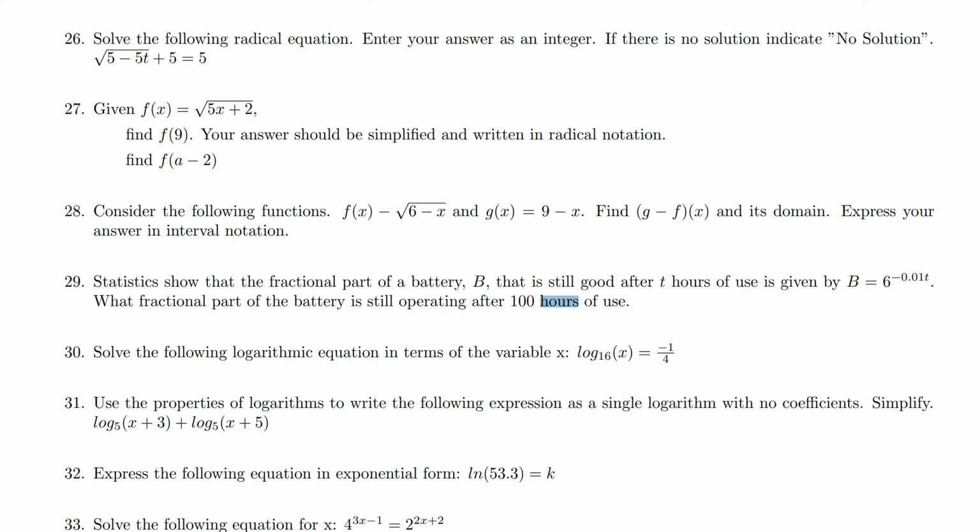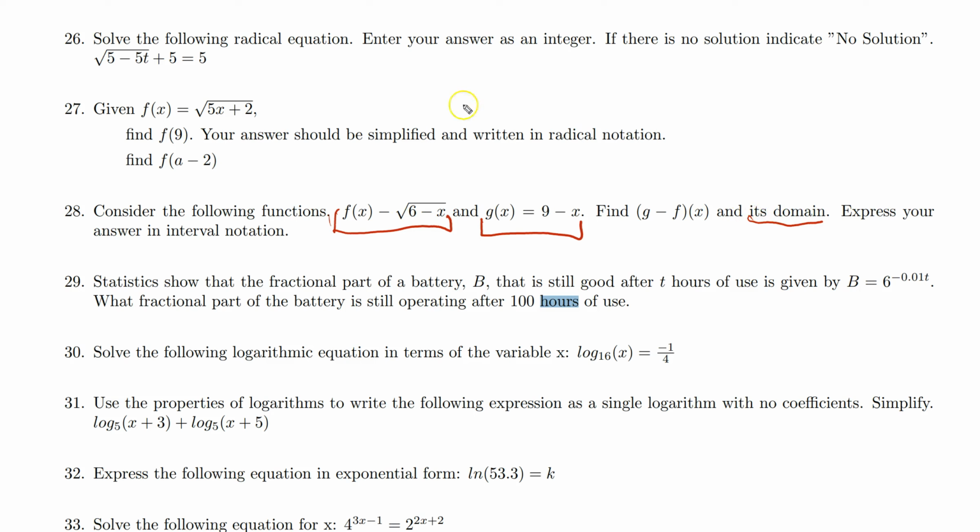Now consider the following functions. This is our f function. This is our g function, and we're asked to find g minus f. Express your answer in interval notation. Now, when we get our original answer, remember we need to find its domain.